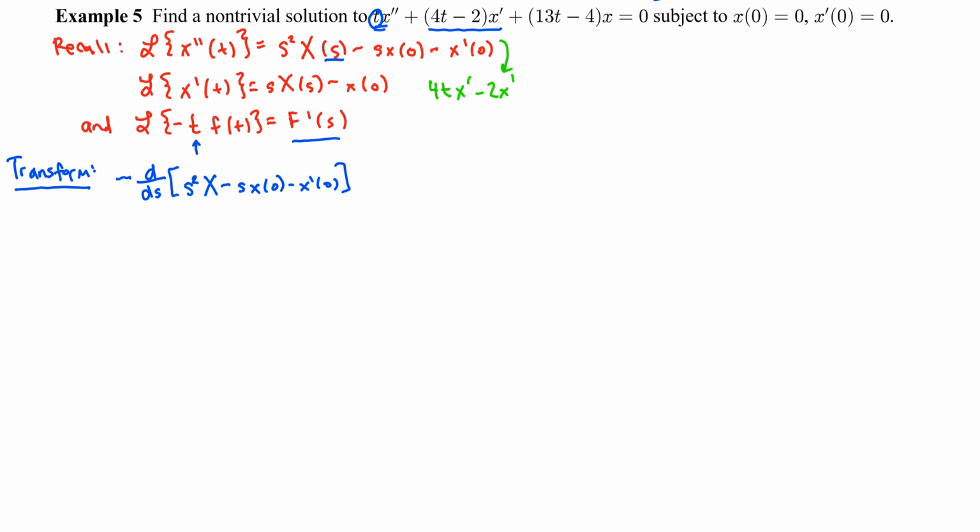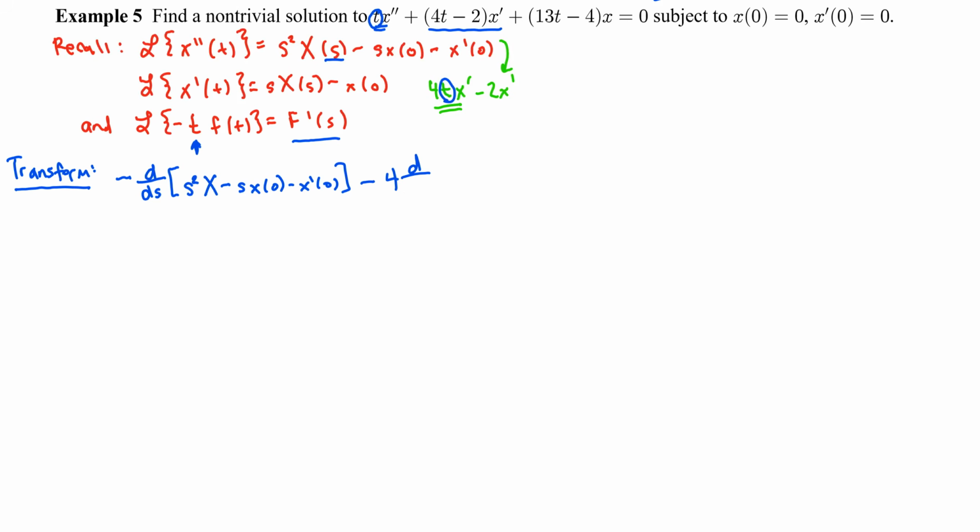Okay, so let's work on transforming this. So first of all, I have a 4, so I'm going to carry that 4 out in front of all of my operators. Then I'm multiplying by t to the first power. Well, in our formula, we have a negative t. So let's go ahead and account for that negative right here.